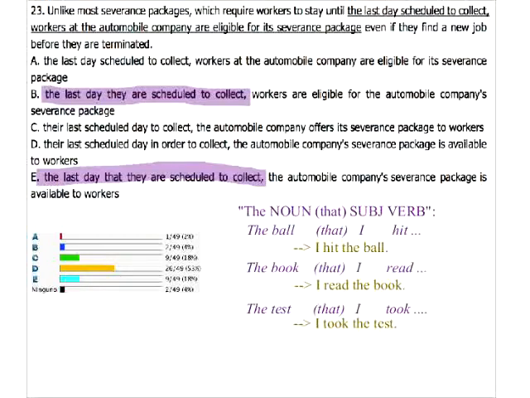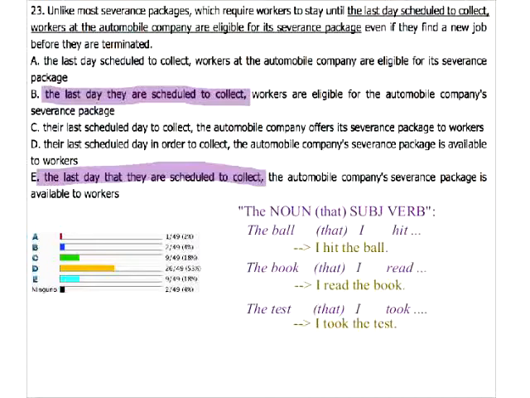So the noun is basically the object. I don't want to state that in terms of words because it'll just be unintelligible. But just make sure you know that this is the same idea as if you transform it this way. If you can say the ball that I hit, then that means you hit the ball. If you can say the book that I read, that means I read the book. If you can say the test that I took, that means I took the test.